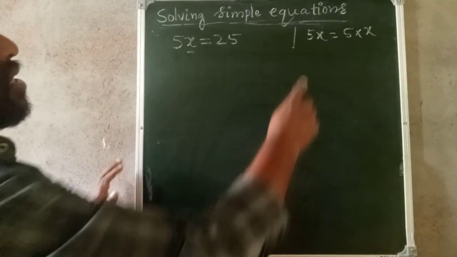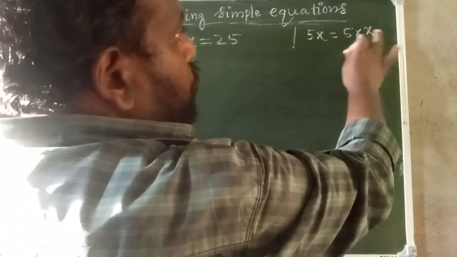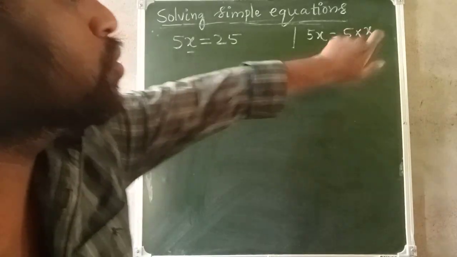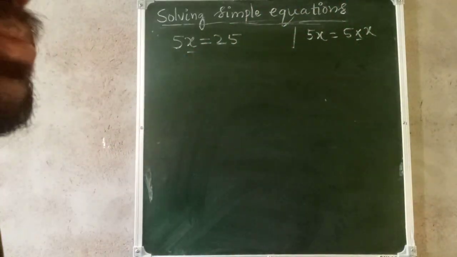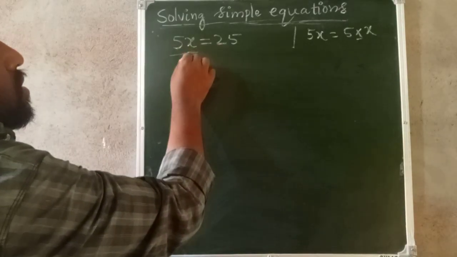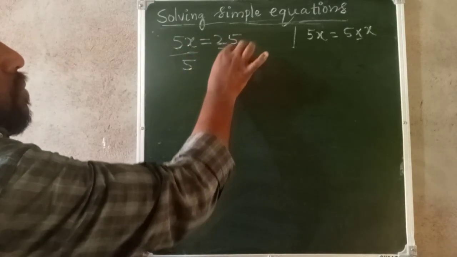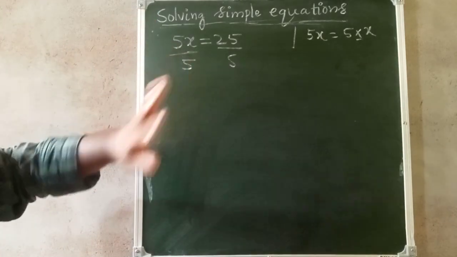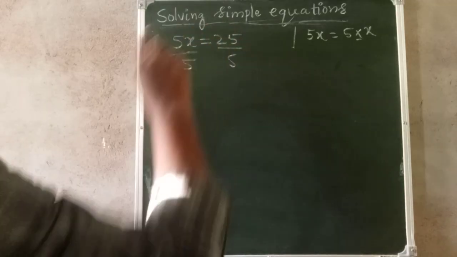Okay. See, since 5x is equal to 5 into x, there is into between 5 and x. So because of this into, to remove this 5, divide both sides by 5. So this by 5 and this also by 5. Both sides means before the equal sign, after the equal sign.